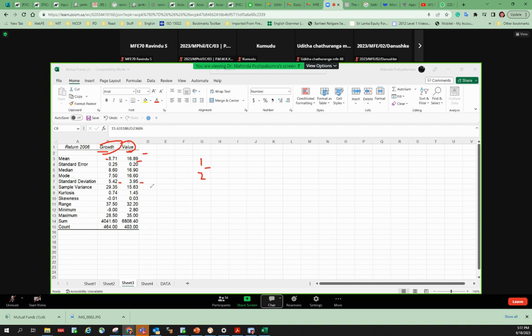The standard deviation shows the risk of the investment. If the standard deviation is high, it's a highly risky one. Now here the standard deviation is low, it shows again it is not a risky investment. Since it is high return with low risk, the investor decides to go for the value fund.